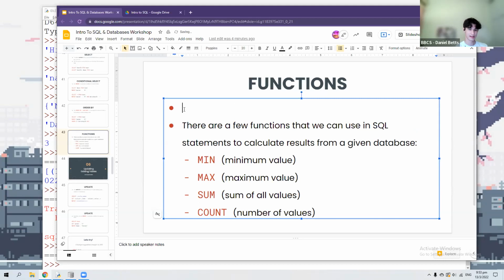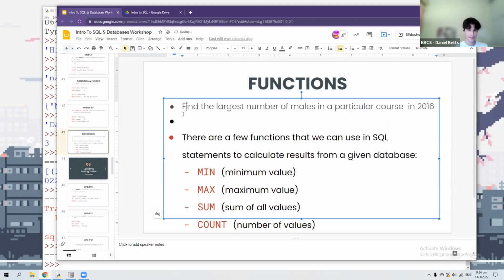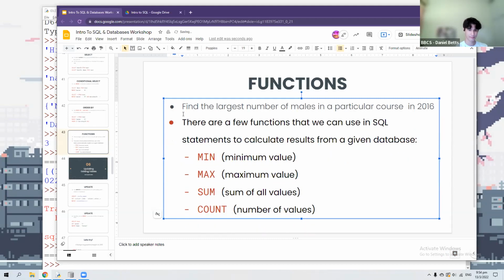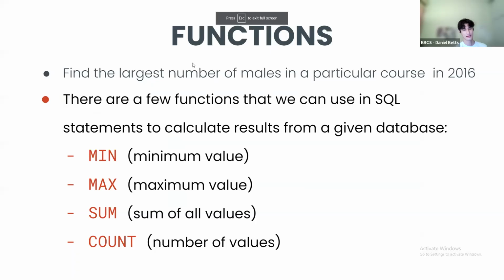So I'll just go do that. So you guys can try the question again and try using one of the functions to get the largest number of males from the course in 2016. So I'll give you guys another 2 to 3 minutes to try that out again.